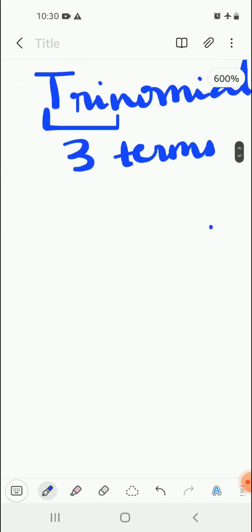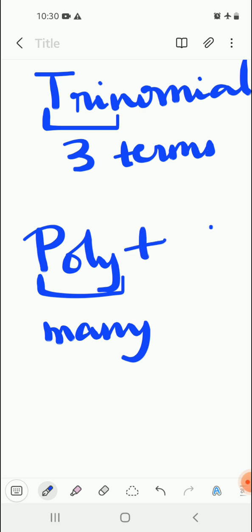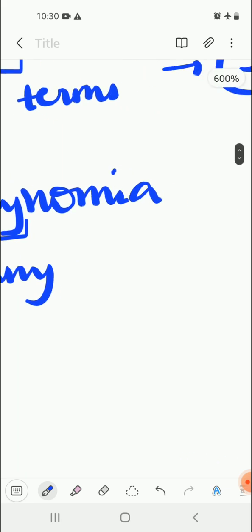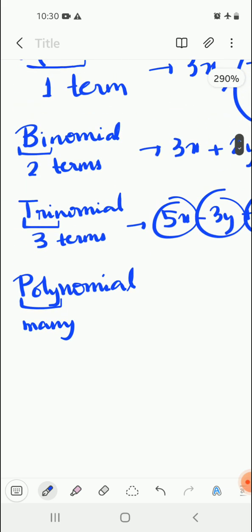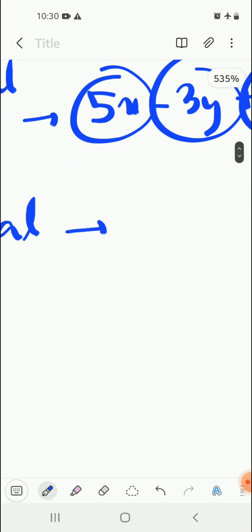Any expression that has more than 3 terms is known as polynomial. Poly means many. So they have many terms, and many terms means more than 3. We know that up to trinomial we have already covered expressions with up to 3 terms, so that is why more than 3 terms becomes polynomial.